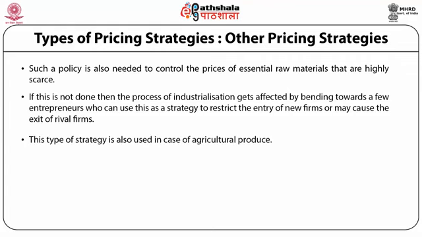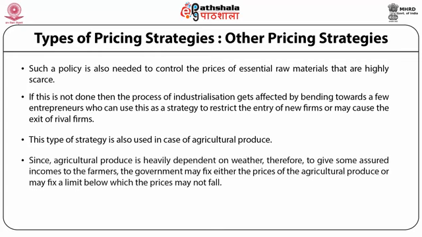This type of strategy is also used in case of agricultural produce, since agricultural produce is heavily dependent on weather. Therefore, to give some assured incomes to the farmers, the government may fix either the prices of agricultural produce or may fix a limit below which prices may not fall.